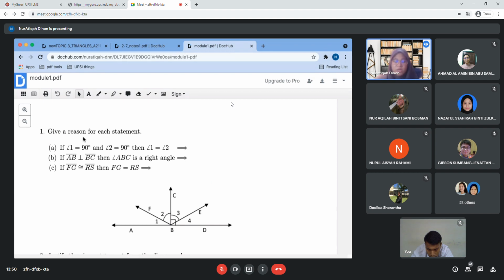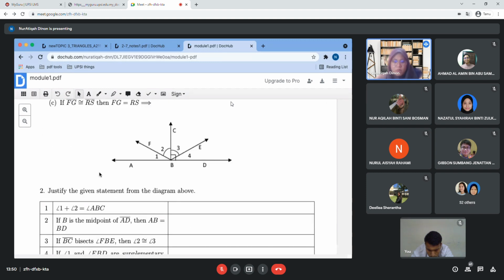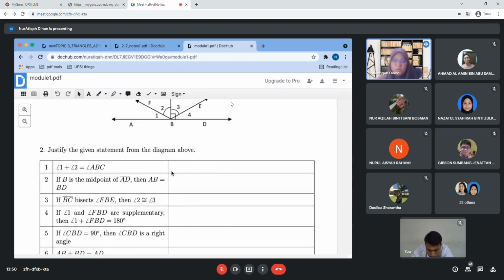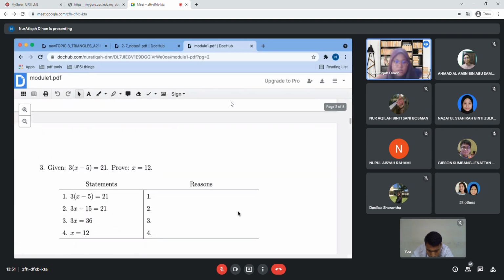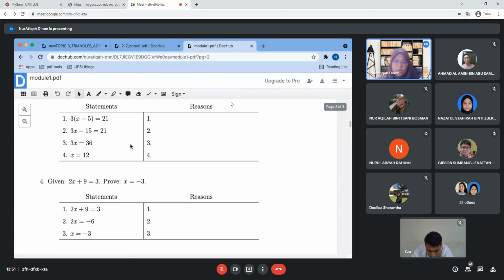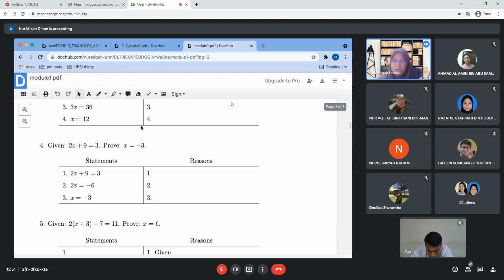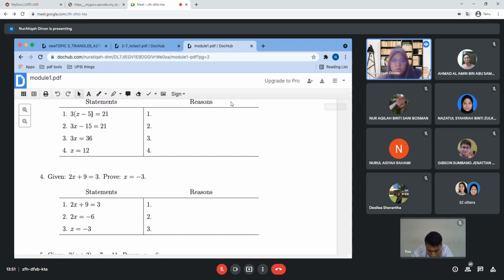So yang ni senang je sebab they just ask you to give the reason for each statement ni. And this one also just give the reason. This one just nak you practice different types of reason that you can put dekat yang second column kan. Then yang ni ada the next 3 question is just the algebraic proof lah. This one pun easy.